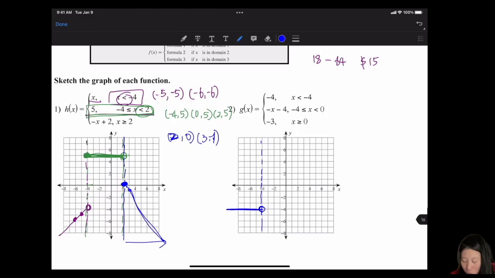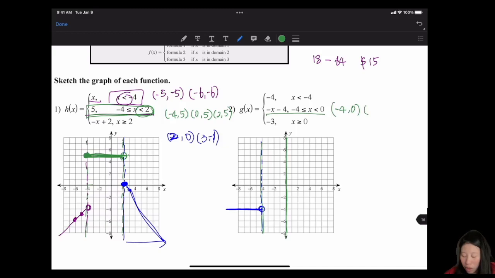And then the middle part is -4 to 0. So from -4 to 0, I'm going to use a blue line. Between this period, we have negative x minus 4. So let's say x is equal to -4, then the function is equal to negative of -4 minus 4, which is 0.